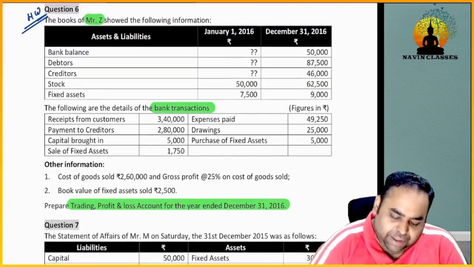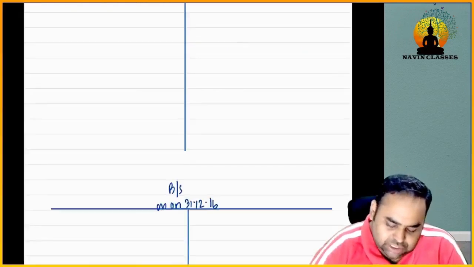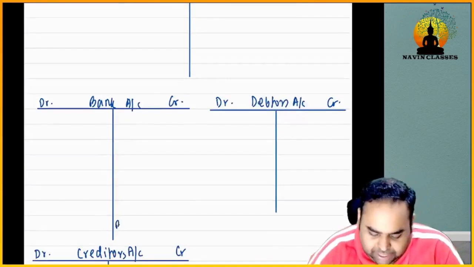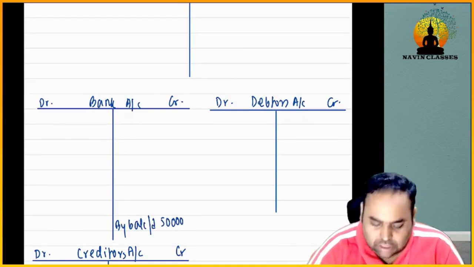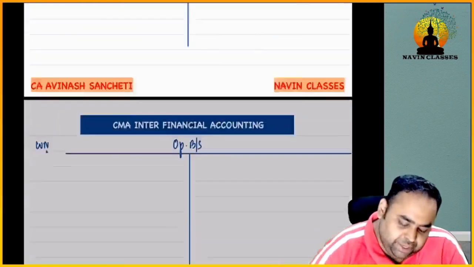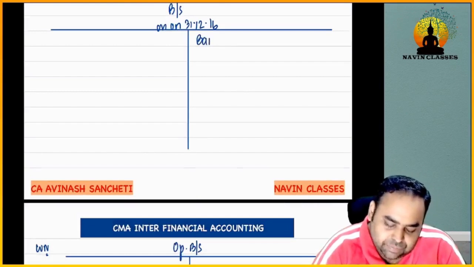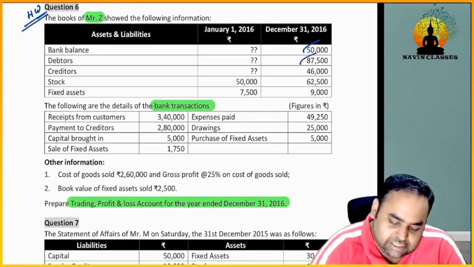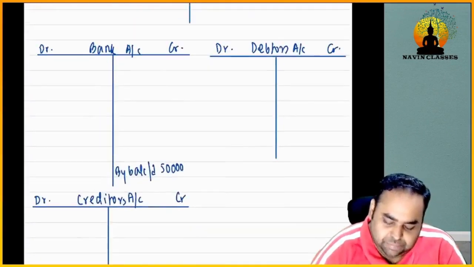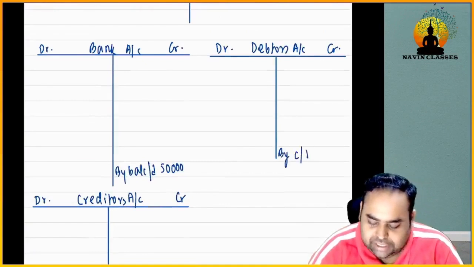First of all, the opening bank balance is not provided, but the closing balance is. So in the closing, by balance c/d 50,000. This closing balance will be reflected in the balance sheet, bank 50,000. The closing balance of the debtors is given as by balance c/d 87,500.